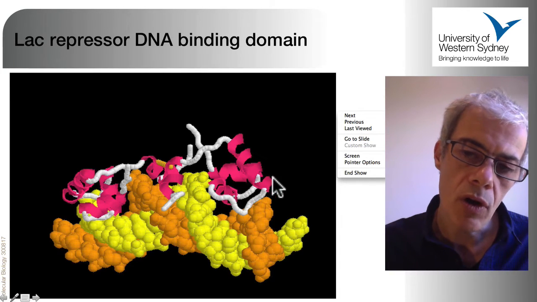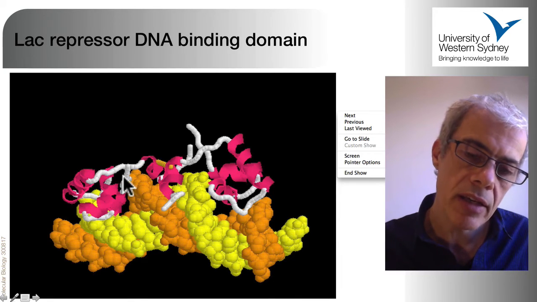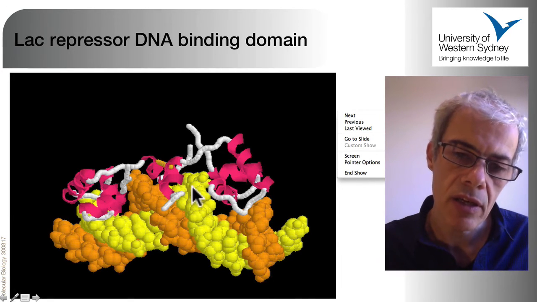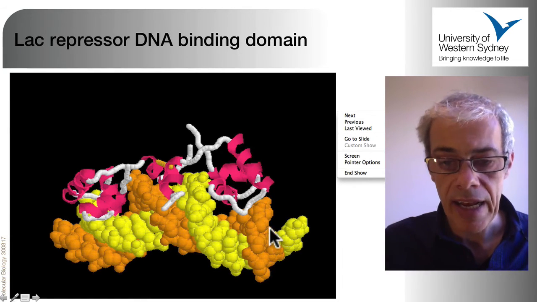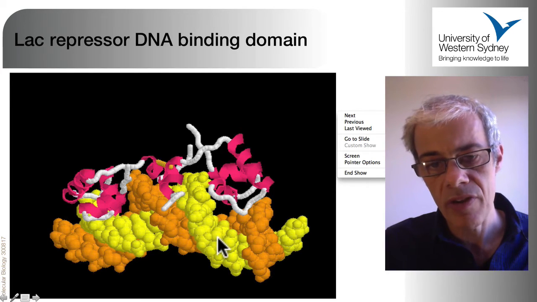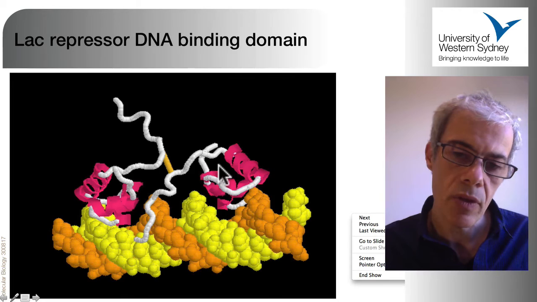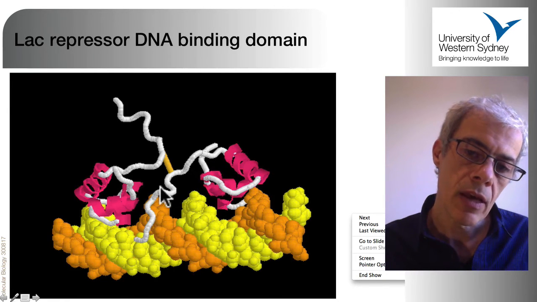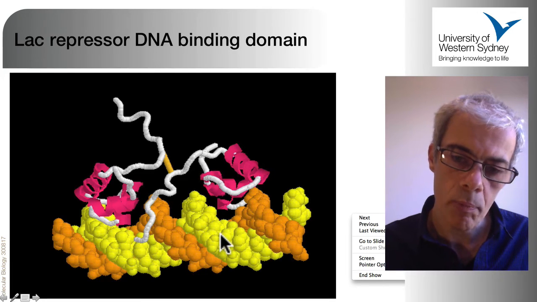So once the allolactose binds, it changes the DNA binding domain of the Lac repressor, and it binds so much more tightly to the DNA, and it actually causes the DNA to bend. You can see here the DNA is bent, whereas in this form, without the inducer, these helices haven't formed and the DNA is not bent.